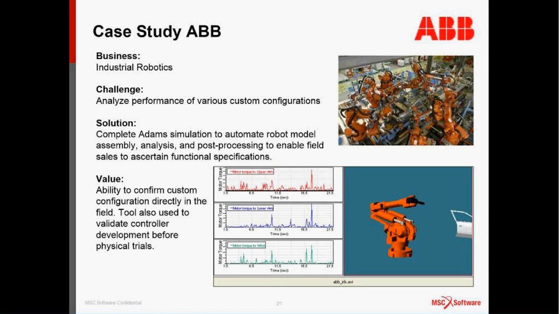So with this method, they were able to confirm that some of the customized configuration would actually work for a lot of different operating scenarios before they even build the first prototype. So they were able to verify that this configuration or this customization is actually working.